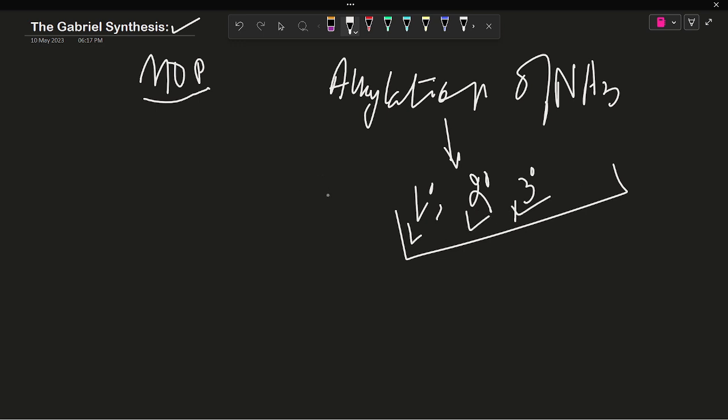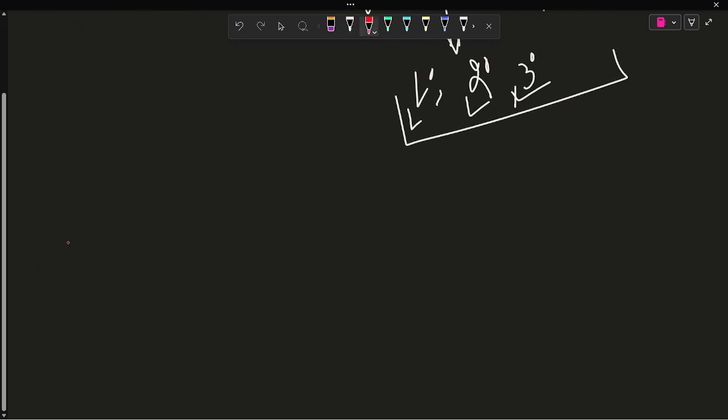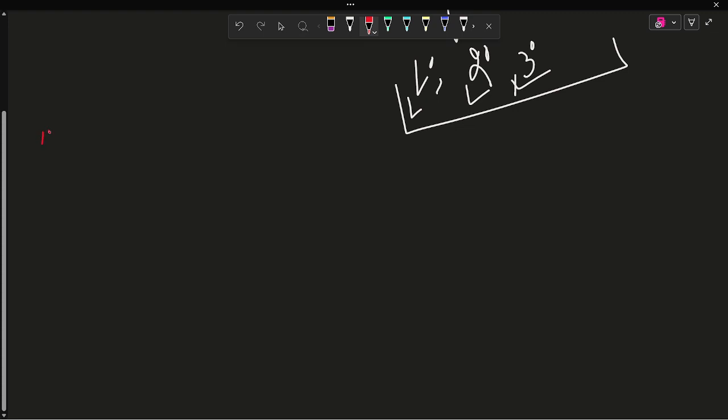So in this method, that is the Gabriel synthesis, we will be discussing the formation of primary amines only. This method is used for the formation of primary amines only, that is, we get amines of this type, RNH2 only.